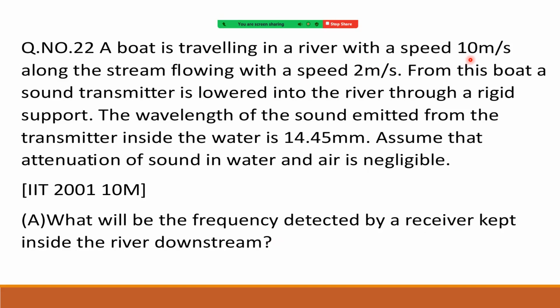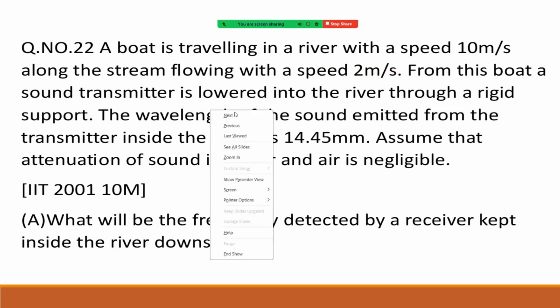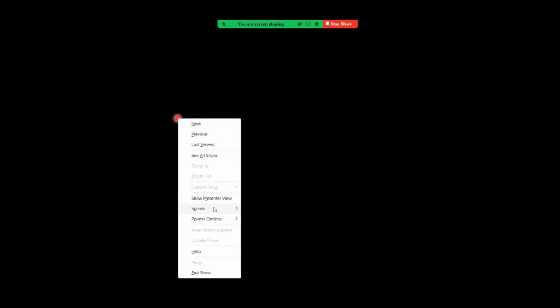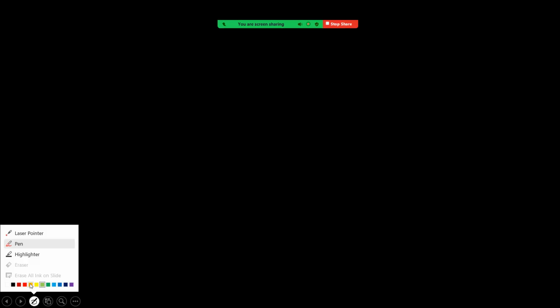Speed of boat 10 meter per second, and stream flowing 2 meter per second. So both are given in the ground frame. Okay, both are given in the ground frame. See how we solve the problem. First we are focusing on writing down the given data.